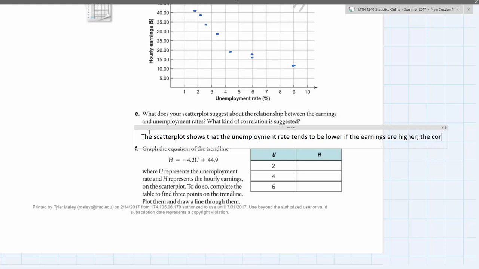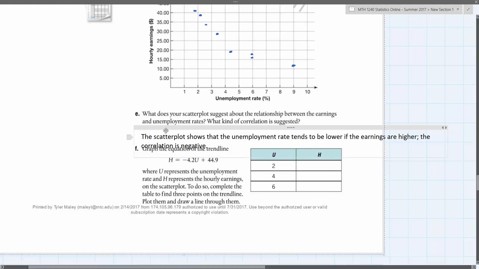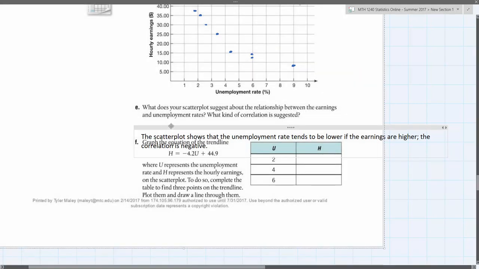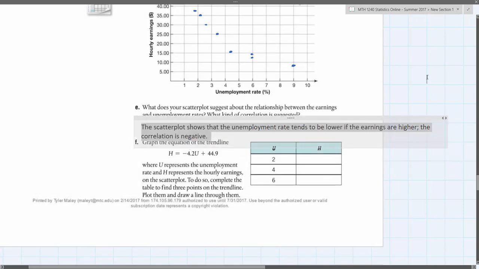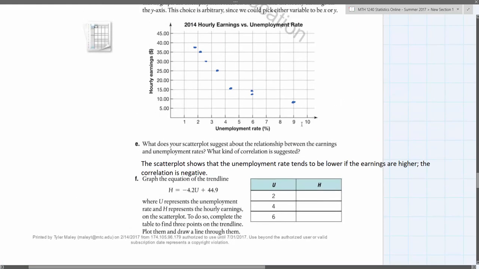The correlation is negative. So we might say something like that. The unemployment rates tend to be lower if the earnings are higher. Like these points, the higher points are with the lower unemployment rate.